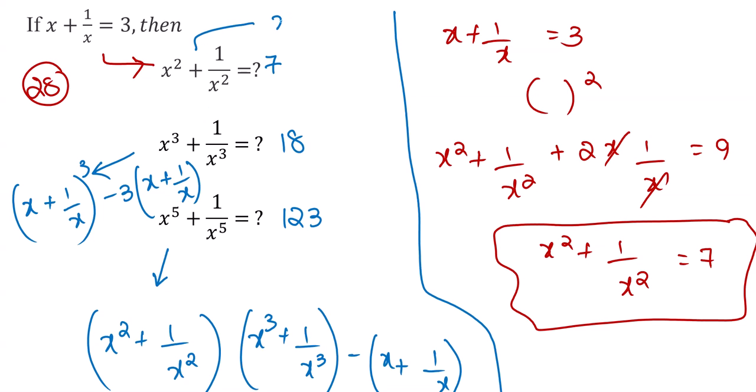For x square plus 1 by x square, this is do whole square minus 2. No need of any other term, just the whole square minus 2.